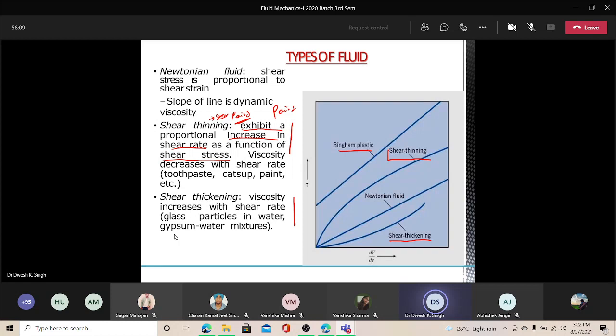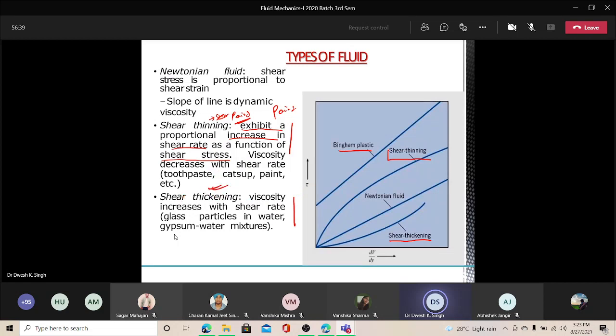With the application of shear stress, your rate of shear increases, and due to that behavior your wall is covered with the paint, because the paint has the property that its rate of deformation increases with the application of stress. This is the reason. And just the opposite of shear thinning, we have the shear thickening type of fluid.